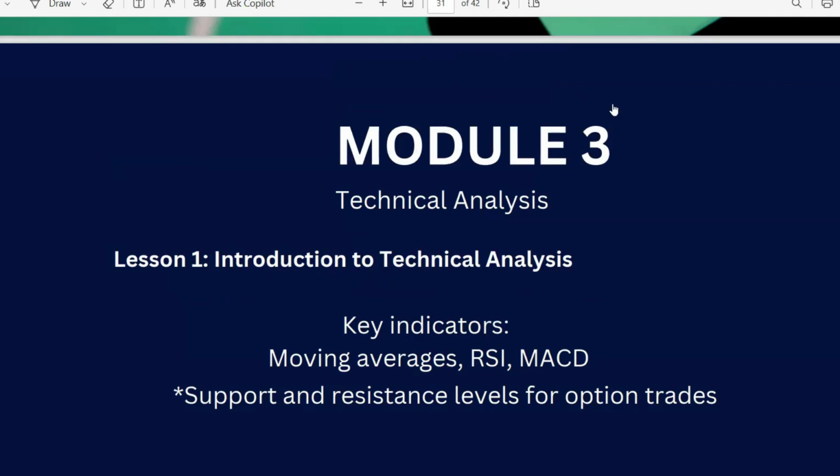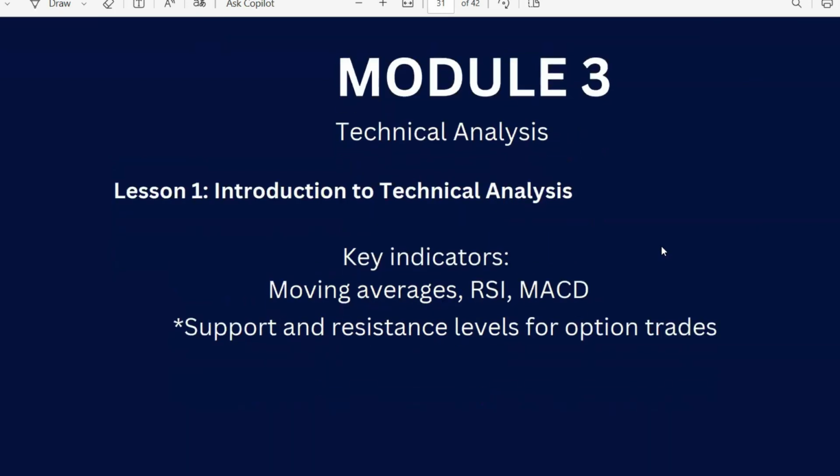Okay. All right. So, guys, this is our technical analysis class, and this is module 3 of our course. This is lesson 1, module 3, technical analysis, and this is just the introduction to technical analysis. What is technical analysis?